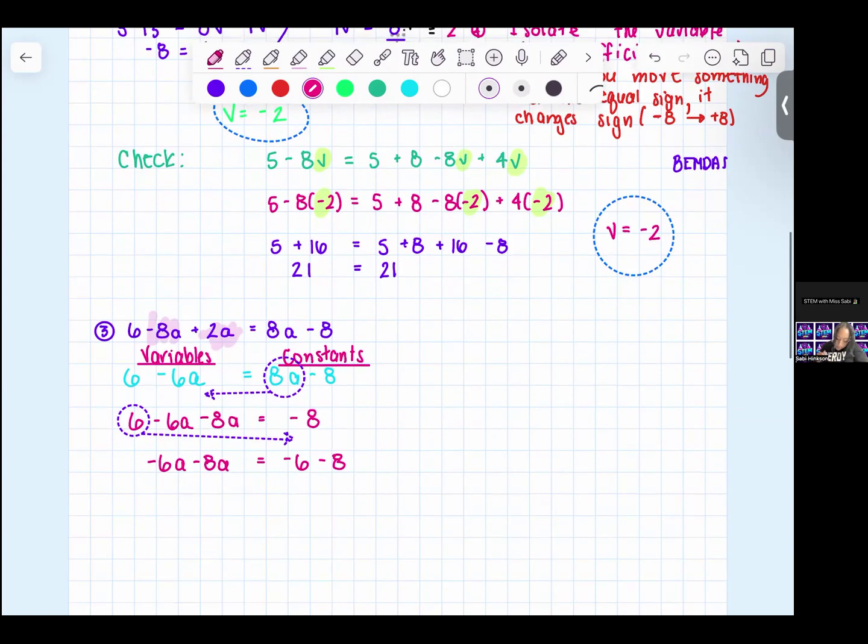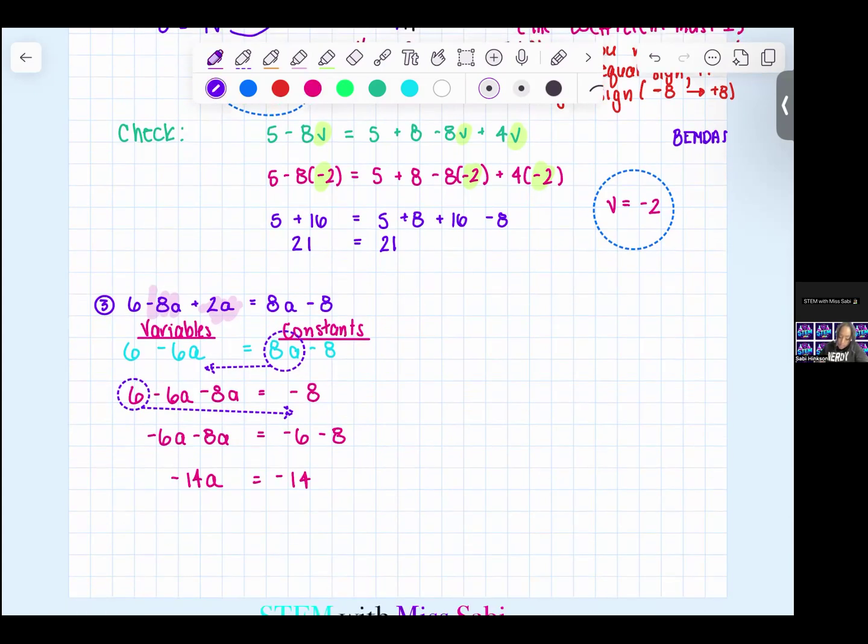Okay, now I'm going to simplify again. So everything is like on either side of the equal sign. I have the a's on one side and the constants on the other. So negative 6 minus 8 is negative 14a. And then negative 6 minus 8 is just negative 14.